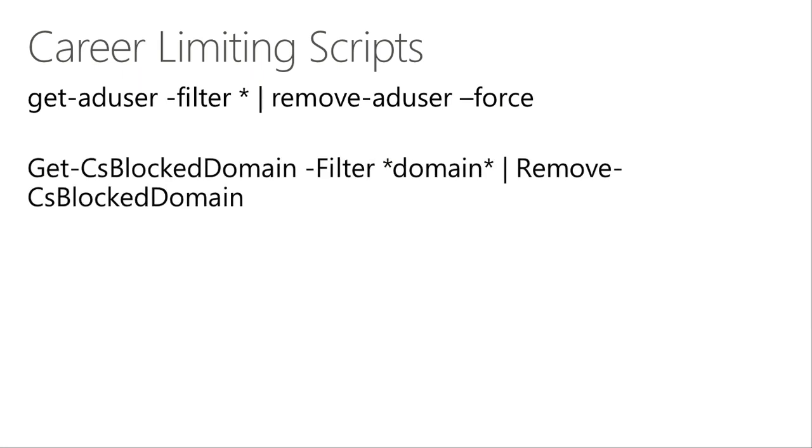This one is not so obvious what we're doing here. We're grabbing all the block domains. We've got our filter wrong, and then we're piping it to Remove. So whenever I'm running a command like that, I always run Get-CsBlockedDomain first to make sure I'm getting the objects I want.